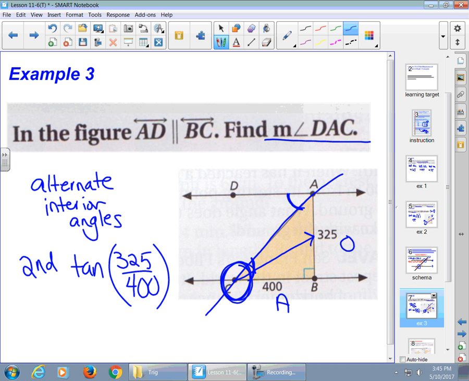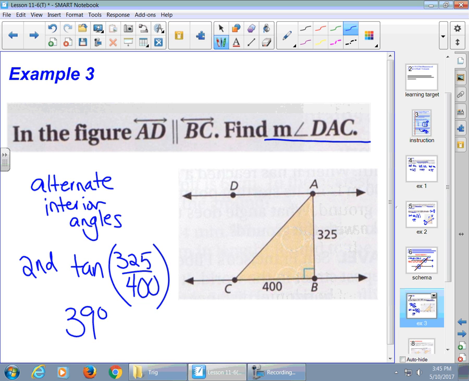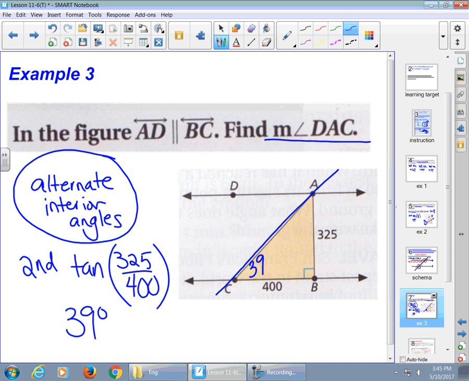And this is going to give you an angle that is approximately 39 degrees. So that means that angle C is approximately 39 degrees. Now, because of the two parallel lines cut by the transversal and the alternate interior angles, that means that angle A, or DAC, which I'm trying to find, is also 39 degrees.